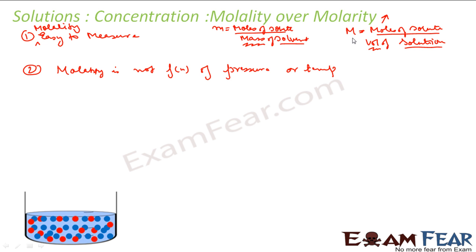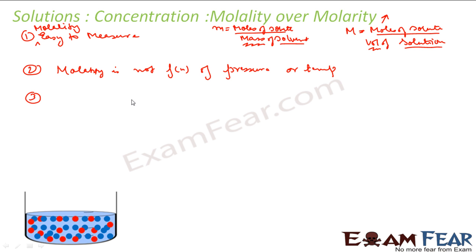That's again a big headache. But with molality, you have mass, and mass is totally independent of pressure and temperature. So molality is independent of pressure and temperature. So you don't need to worry about pressure and temperature. Correct? This becomes free of pressure and temperature. So that is again an advantage, right? The more you become free of parameters, the better it is.